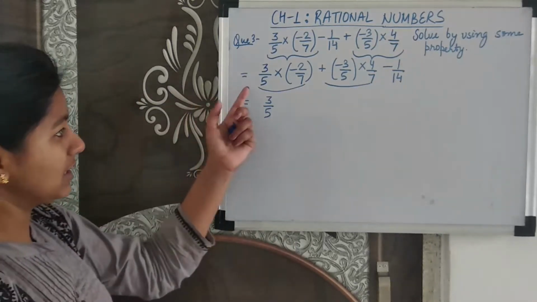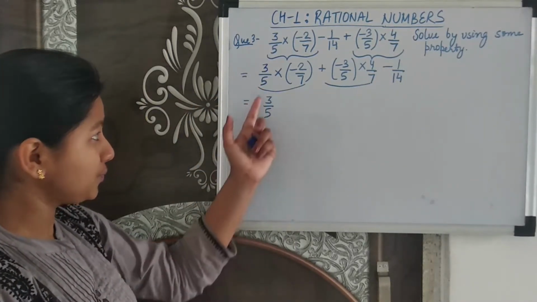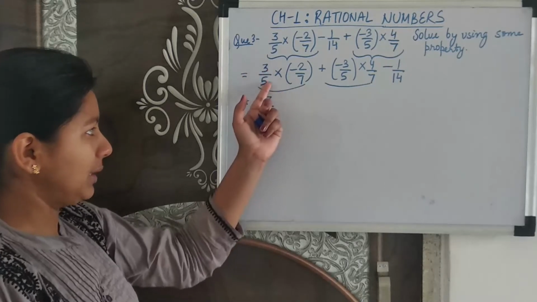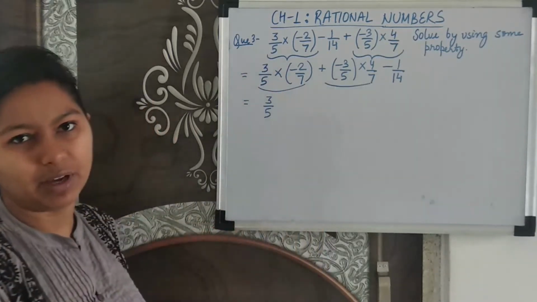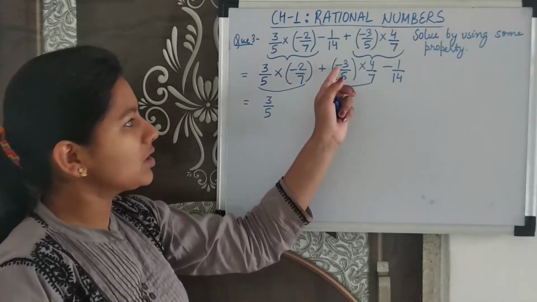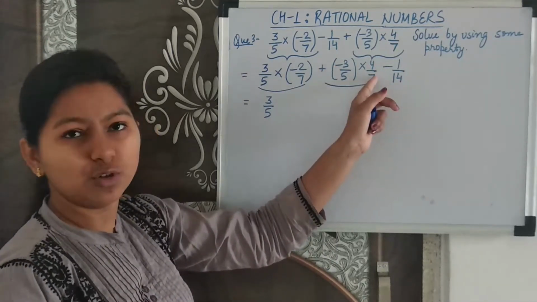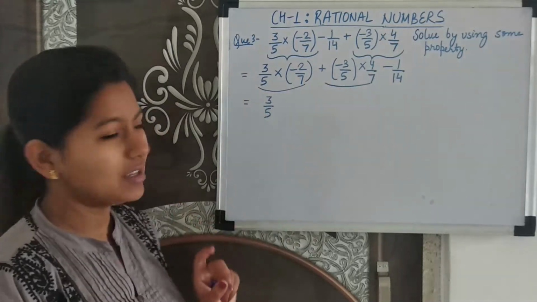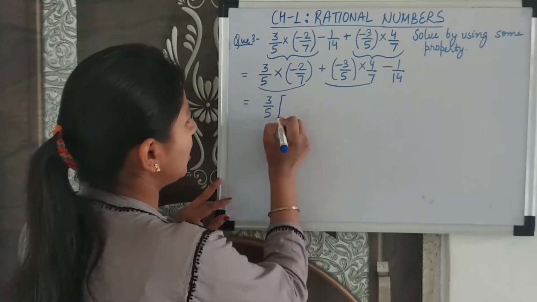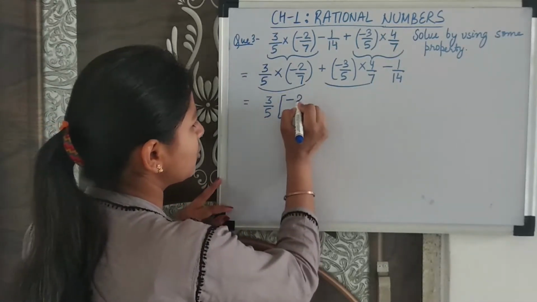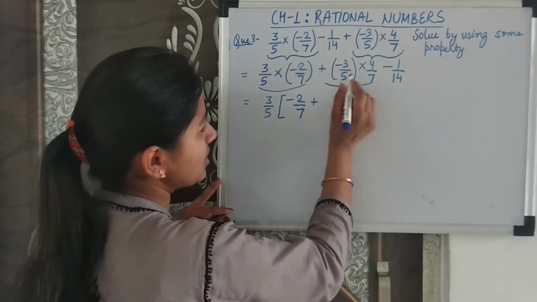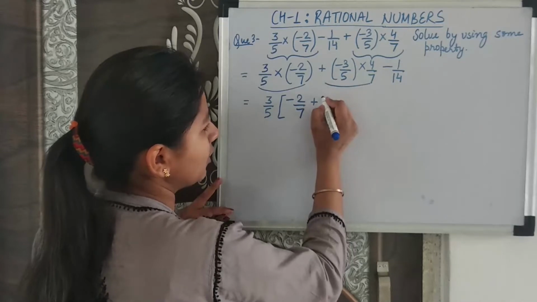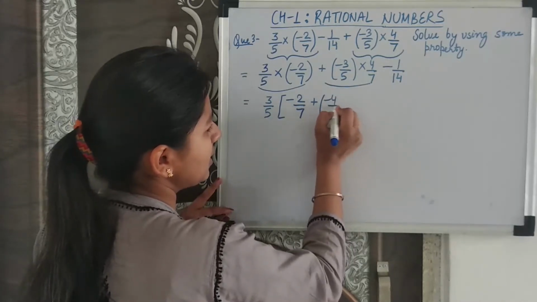Please notice this: in this case 3 by 5 is coming directly, but in this case it is minus 3 by 5. So where has that minus gone? I have shifted this minus to the 4 by 7. So I will write it like this: minus 2 by 7 will be here, then plus, and this minus has been given to minus 4 by 7.